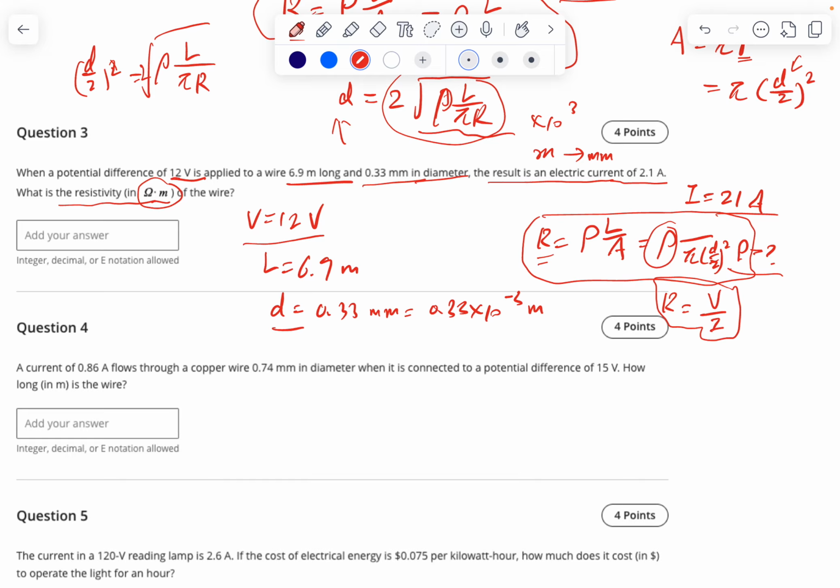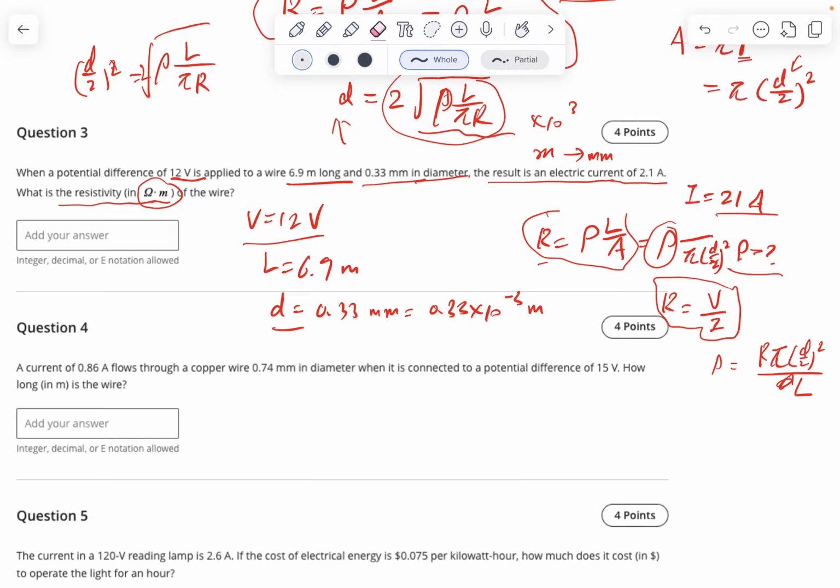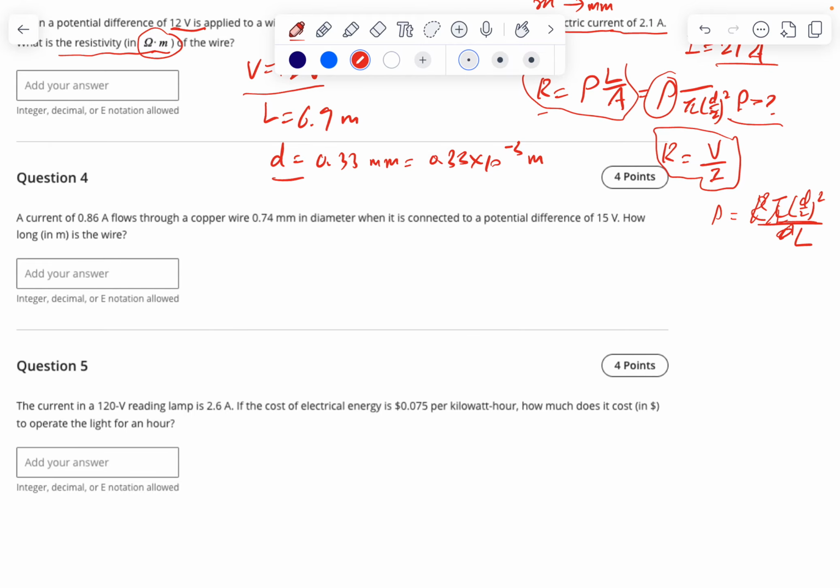Rho equals resistance times pi (d over 2) squared over L. Just this equation: resistivity equals resistance times cross-section area divided by length. All right. Number 4: a current of I equal to 0.86 amp flows through a copper wire.